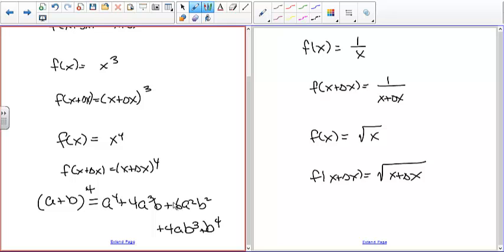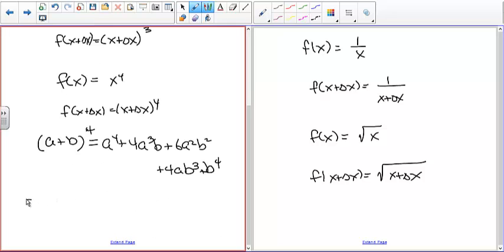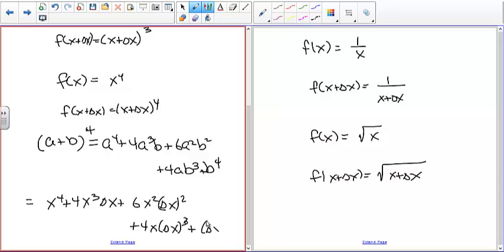So you get 1, 4, 6, 4, 1 up here. Then if I plug that in, I'd have x to the fourth plus 4x cubed delta x plus 6x squared delta x squared plus 4x delta x cubed plus delta x to the fourth power.